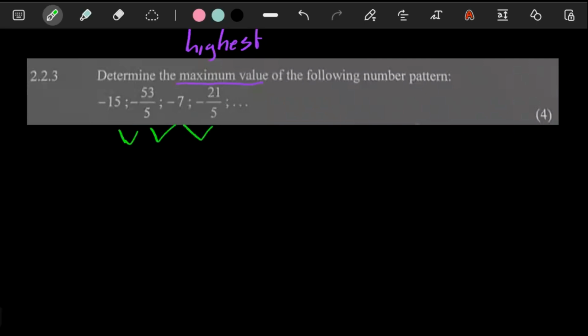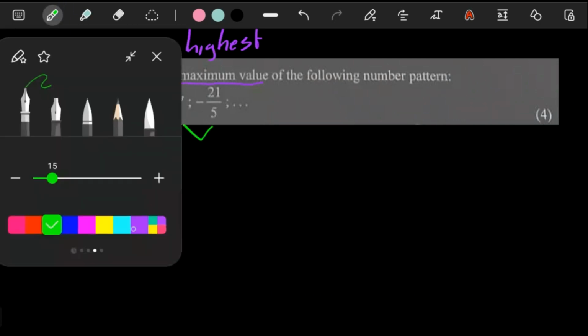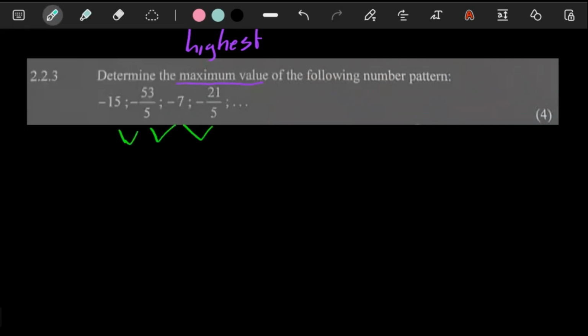That's just my suspicion. So we have to say this minus this, this minus this, and this minus that. So let's do it. Negative 25 over 5, and negative 21 over 5. We're subtracting negative 7, so you'd technically be adding, because minus and minus becomes plus. Next is 14 over 5.